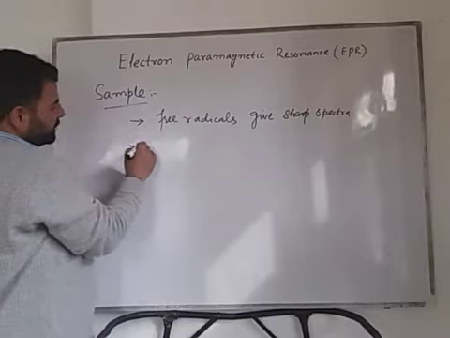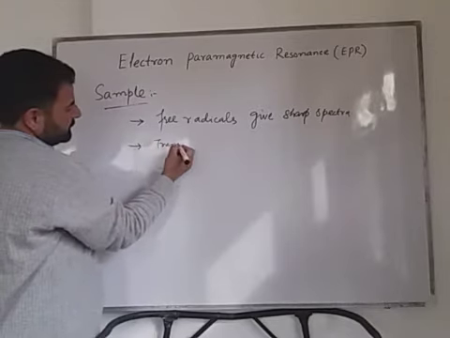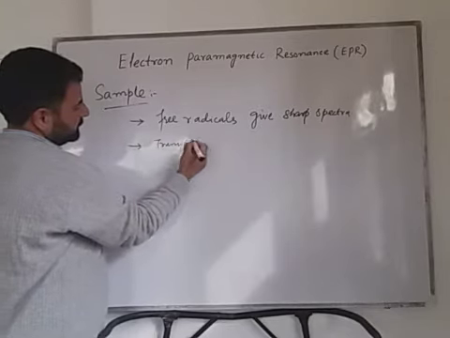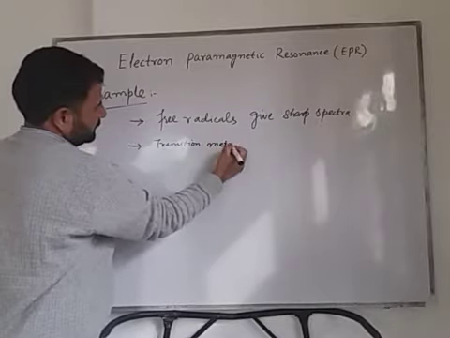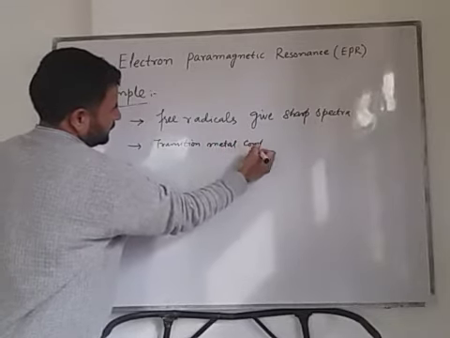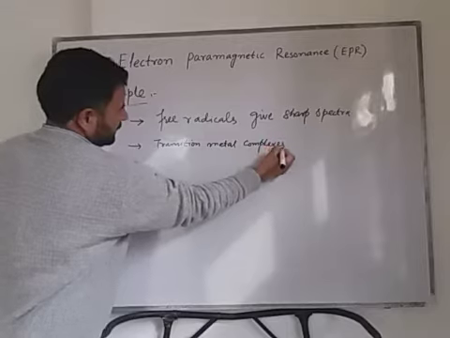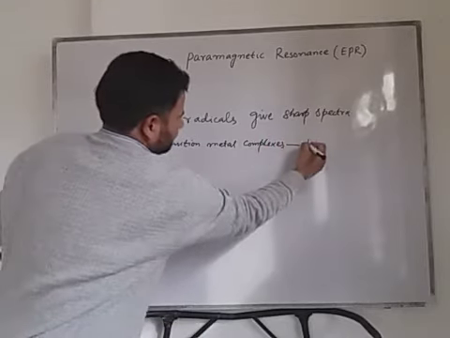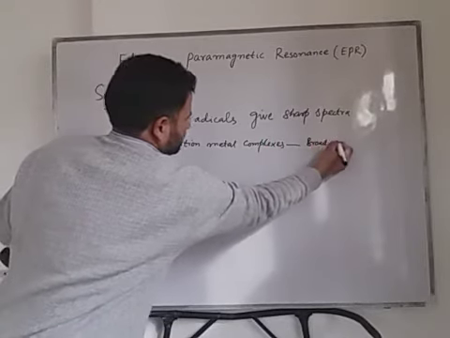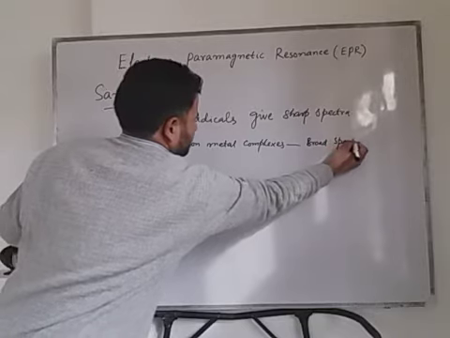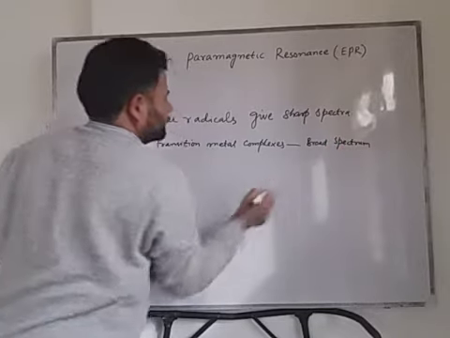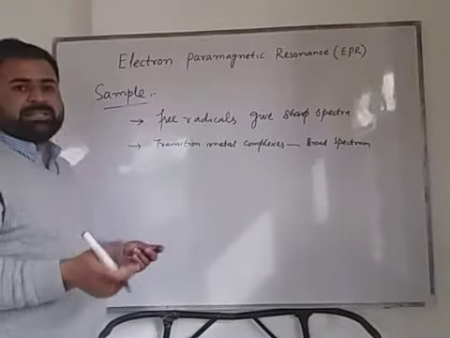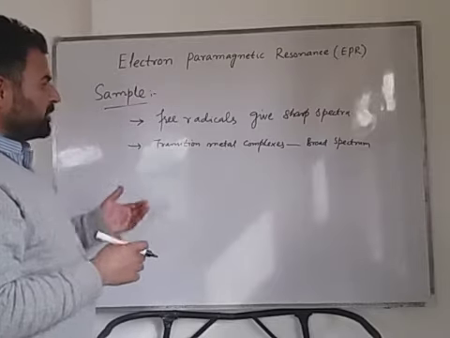But in case of transition metal complexes, they give a broader spectrum. Why do they give a broad spectrum?